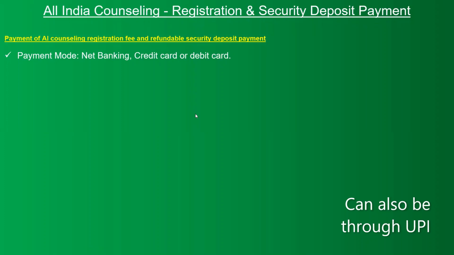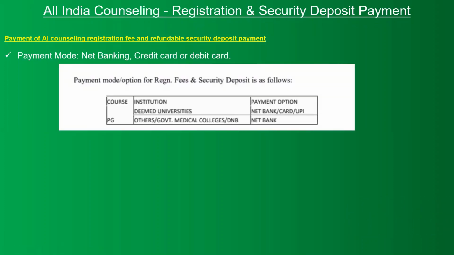But hold on, there is one clause which has been changed this year, an additional clause that has been added. It says for deemed universities, payment can be done through net banking, credit card or UPI. Other government medical colleges or DNB, it says net banking alone.